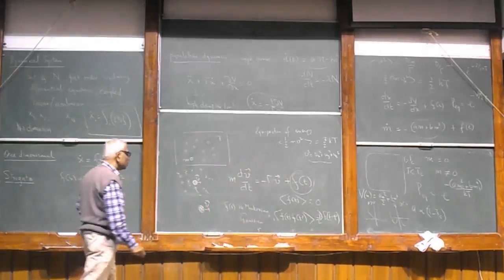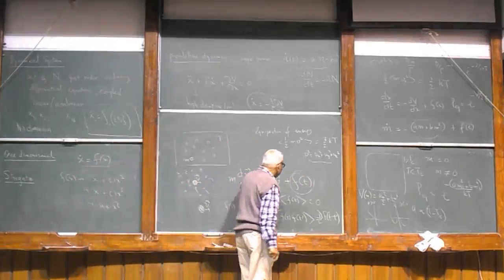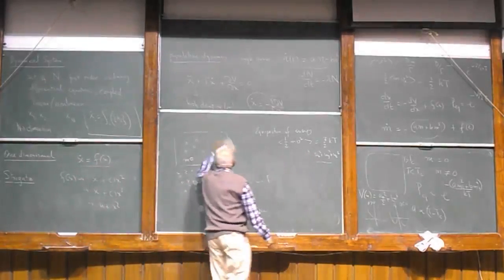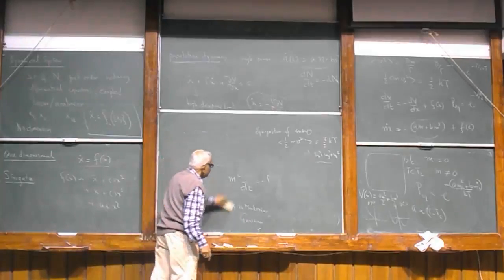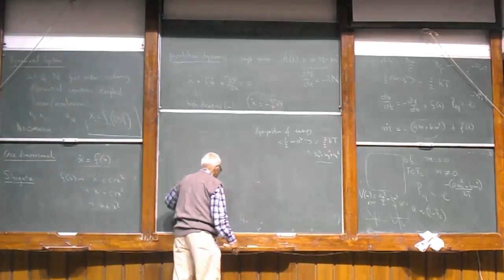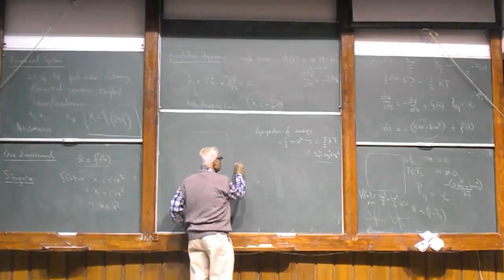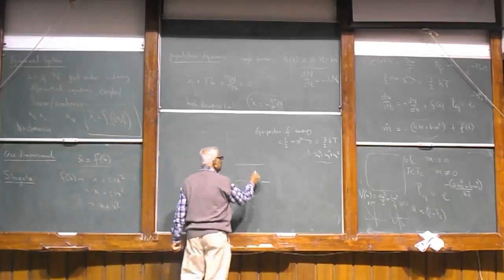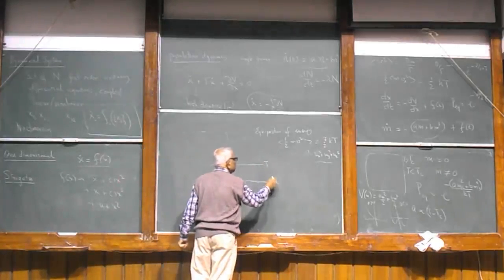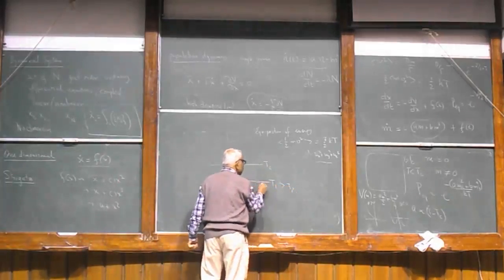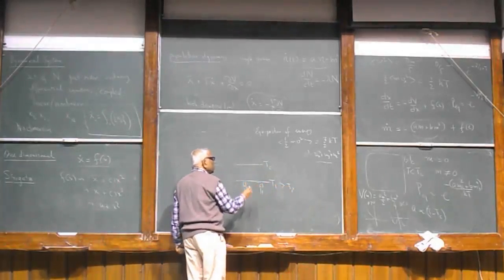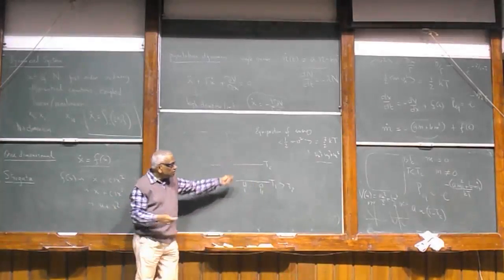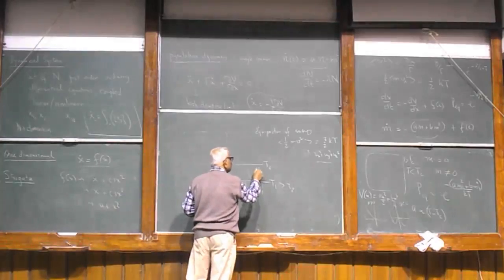Similarly, you can talk about the onset of convection in fluids. If I have a fluid taken between two parallel plates, at a temperature T1 greater than T2, so I'm heating from below, it's not that any arbitrary heating can make the fluid convect.